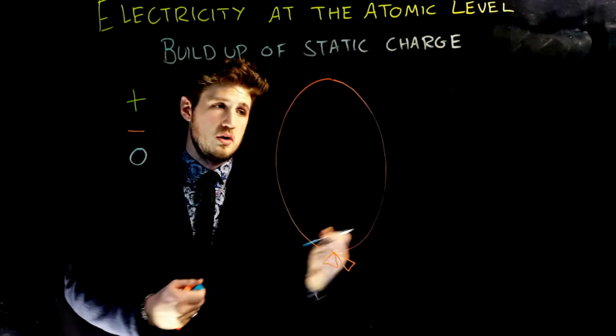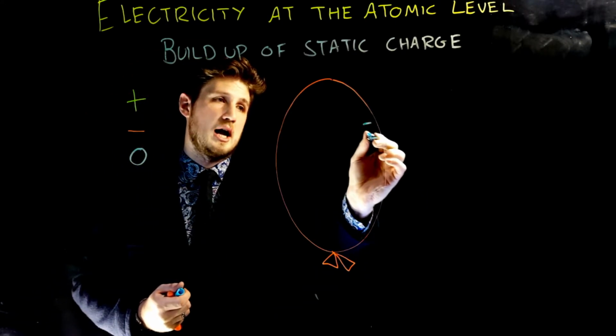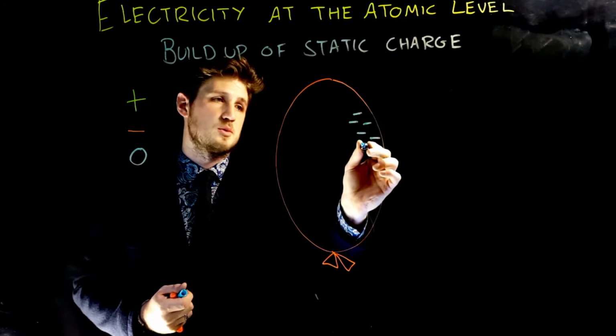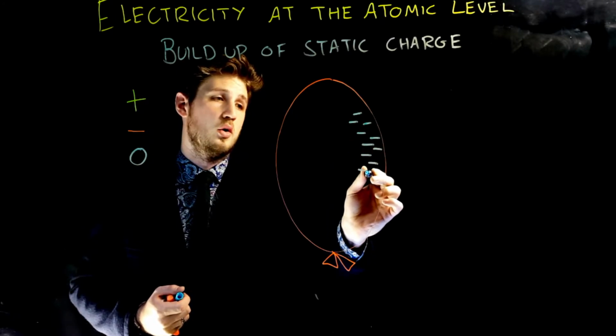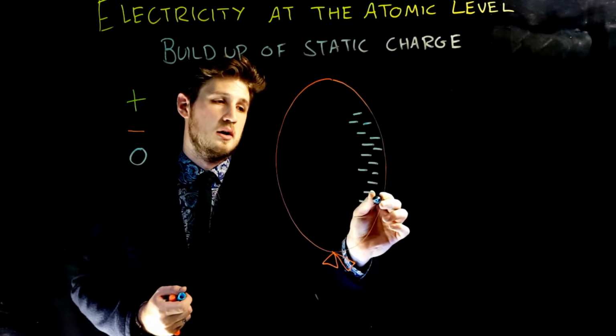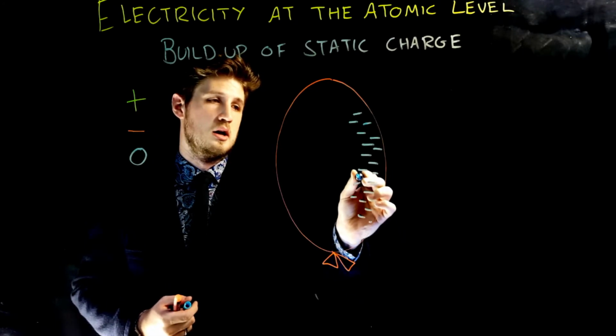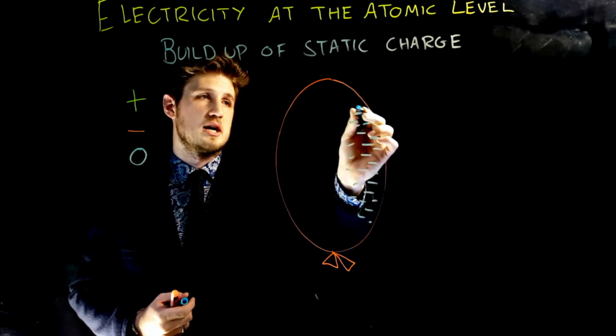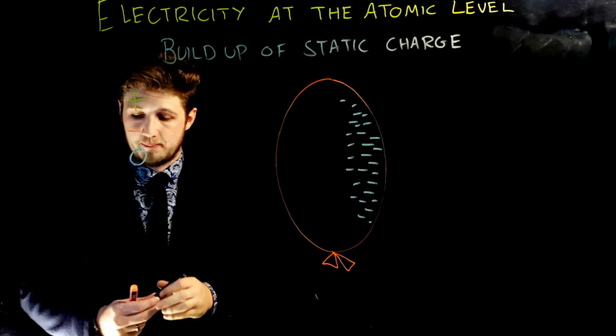What if we started building up a charge on here as we were rubbing it against our hair or against a curtain? And lots of negative charges started to be built up.